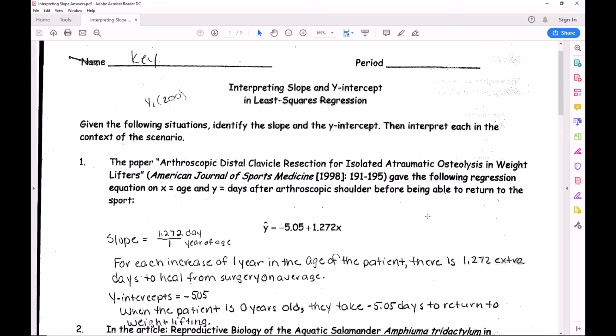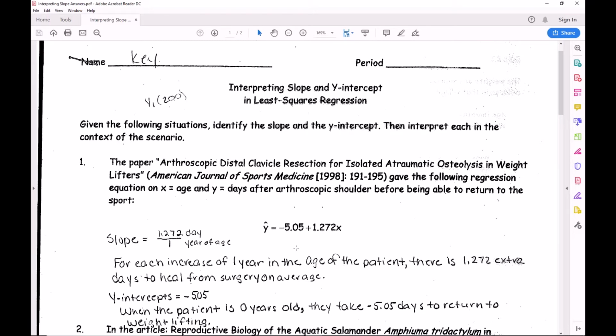All right, so here's your slope right here for interpreting it. And you just go ahead and write that 1.272 over 1, and that would be days over years of age, okay? So for each increase of 1 year of age of the patient, there is a 1.272 extra days to heal from surgery on average.